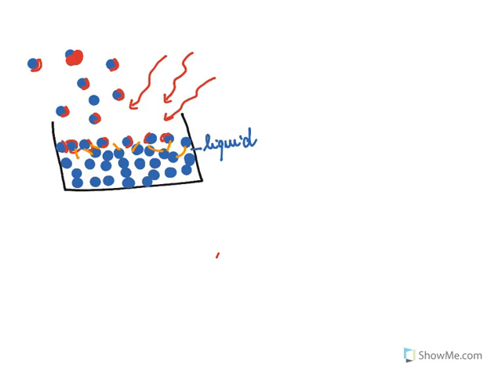You always find the surface molecules first evaporating, because being on the surface, they are able to leave the liquid more easily. I'll just repeat it again. The water molecules, especially the surface molecules, take up the heat from the surrounding, and when they do, they are able to free themselves from the forces of attraction and escape into the air.